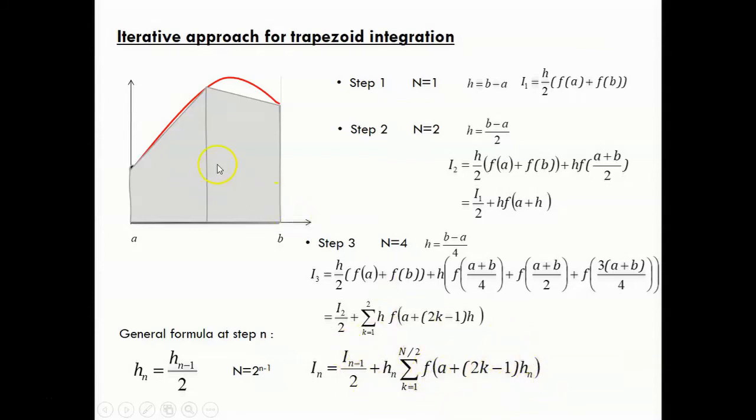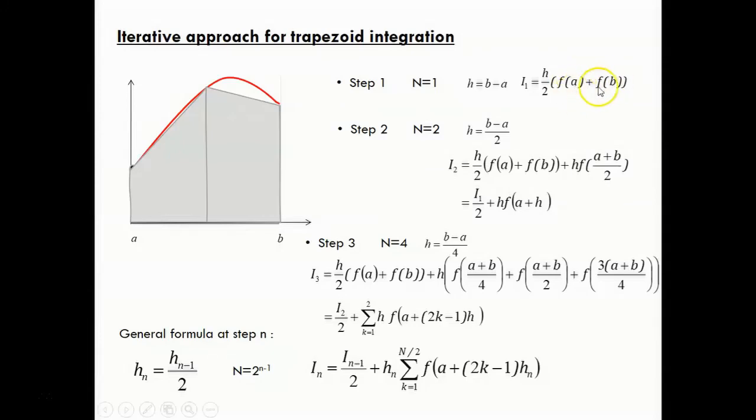So what does change in this iterative approach? The only change is here. This is the only difference between the rectangle iterative approach, the left corner, and the trapezoid. So here we had I1 equal h f of a for the rectangle, and here we have I1 equal to h over 2 times f of a plus f of b.